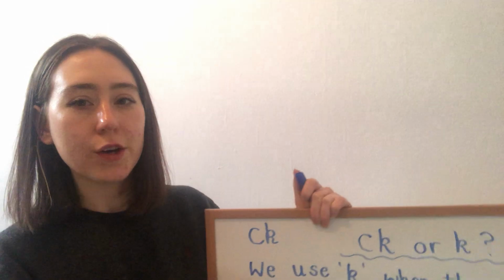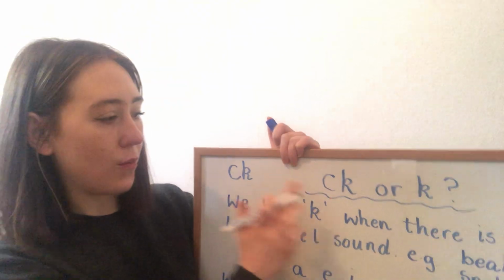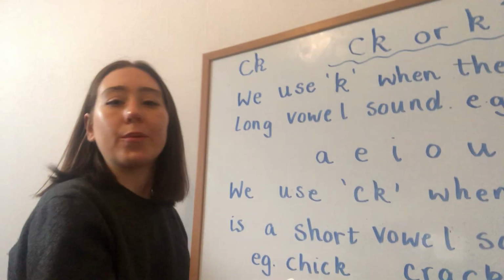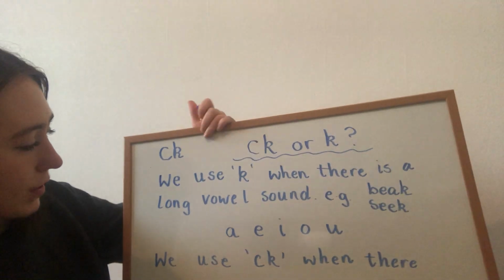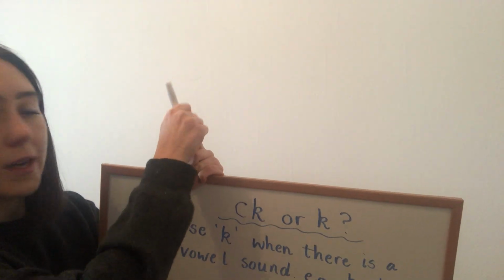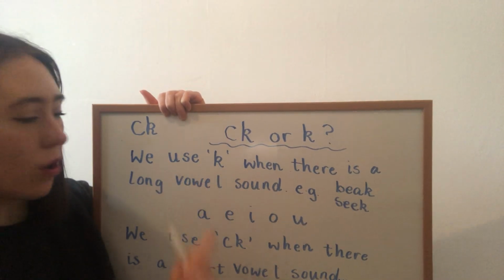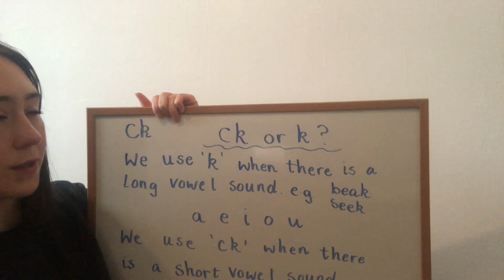Well done. So now we need to think about when is best to use it. Now I've written a little thing on the board and I'll go over it with you. So we normally use kicking k on its own when there is a long vowel sound in the word.